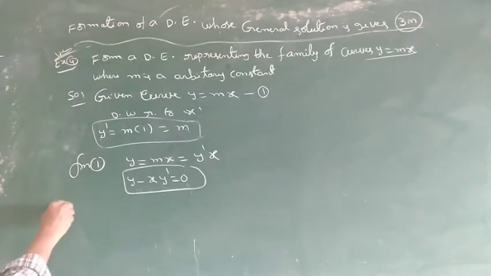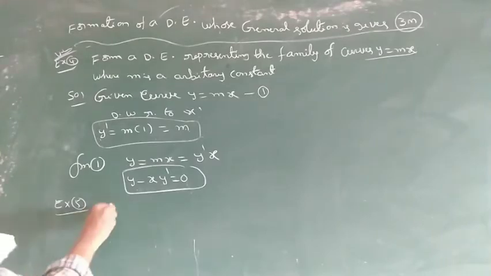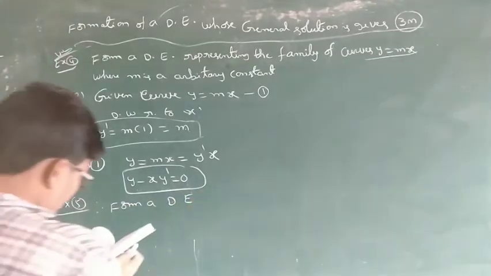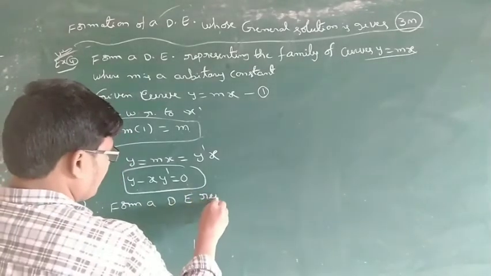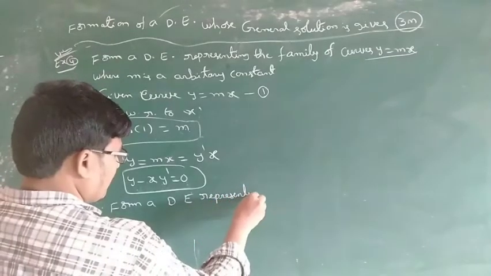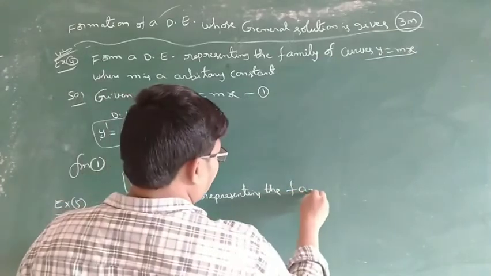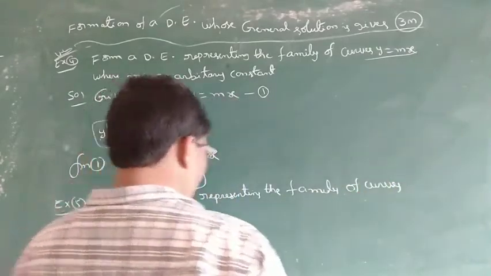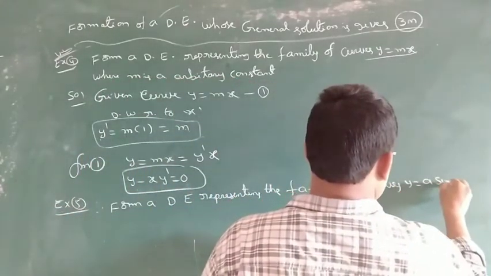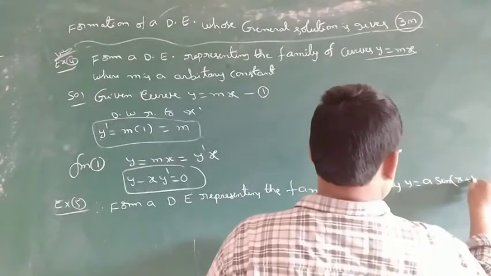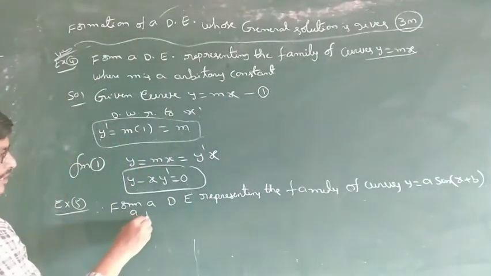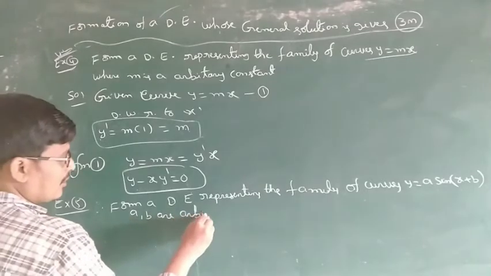Next, example 5. Form a differential equation representing the family of curves y is equal to a into sine of x plus b, where a comma b are arbitrary constants.